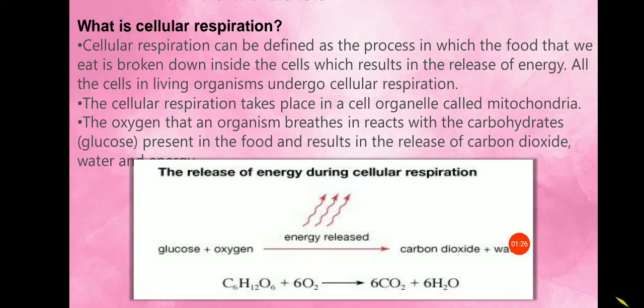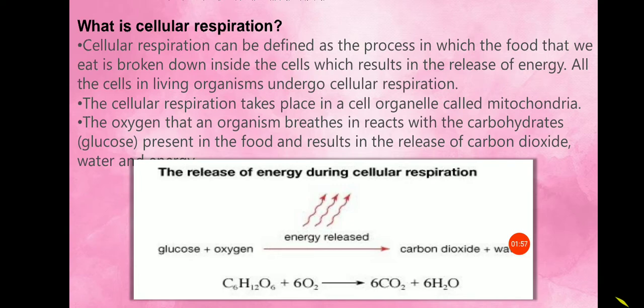Respiration can be defined as the process in which the food that we eat is broken down inside the cells, which results in the release of energy. All the cells in living organisms undergo cellular respiration. The process of breaking down of food in the presence of oxygen to release a large amount of energy is called aerobic respiration.